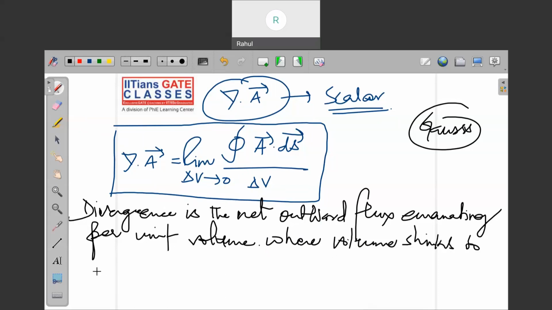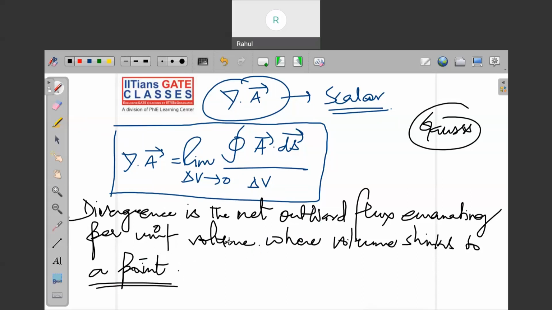Shrinks to a point, right? Okay. So divergence is the net outward flux emanating per unit volume, where the volume shrinks to a point.